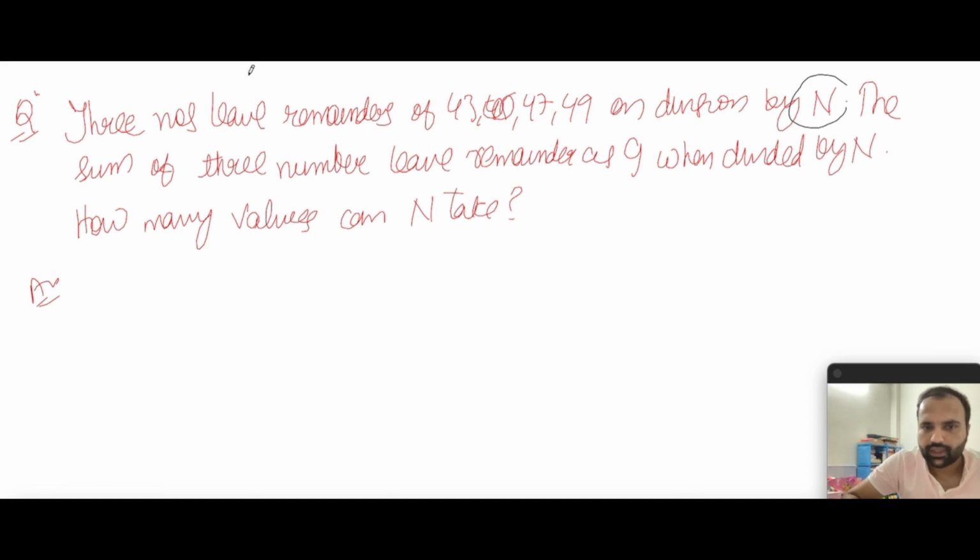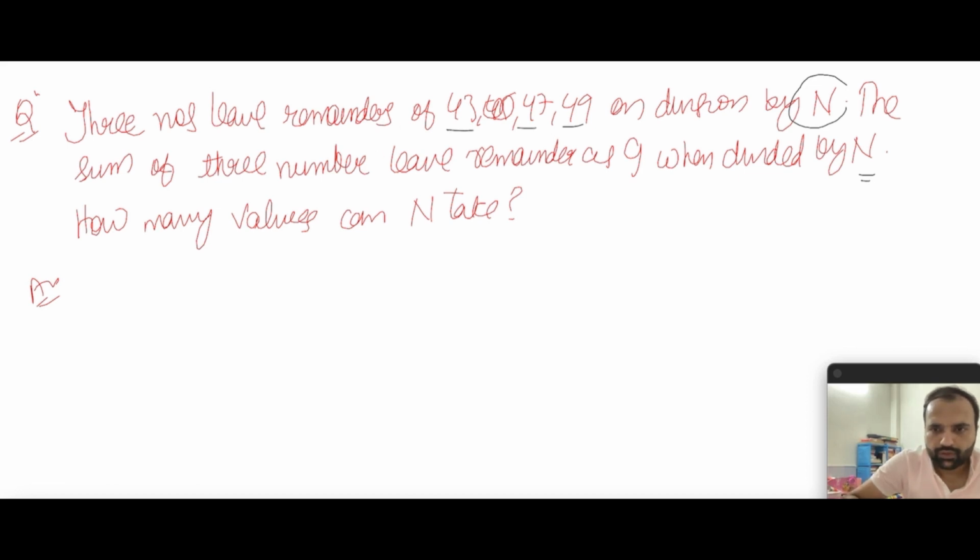First of all, there are some numbers which are not given over here, that's hidden, which have been divided by n. These numbers upon division by n have left remainders 43, 47, and 49. Now again, when we add these remainders and divide by n, we get 9 as a remainder. So how many values can n take? That's the question over here.